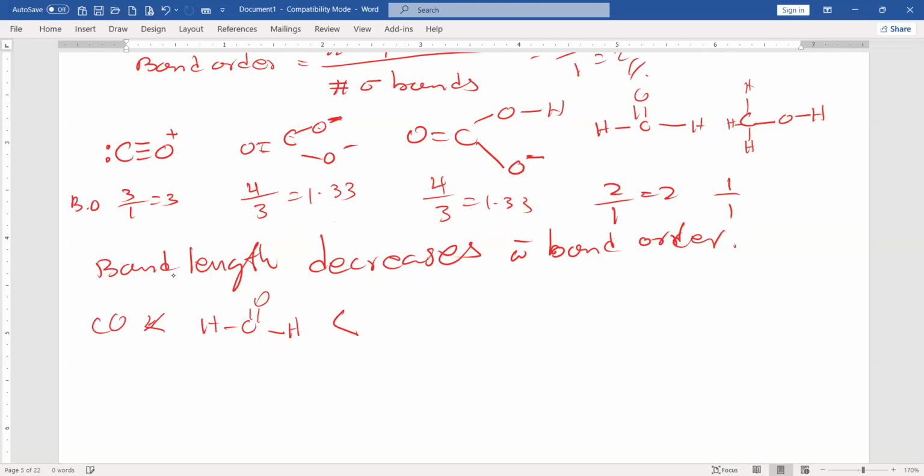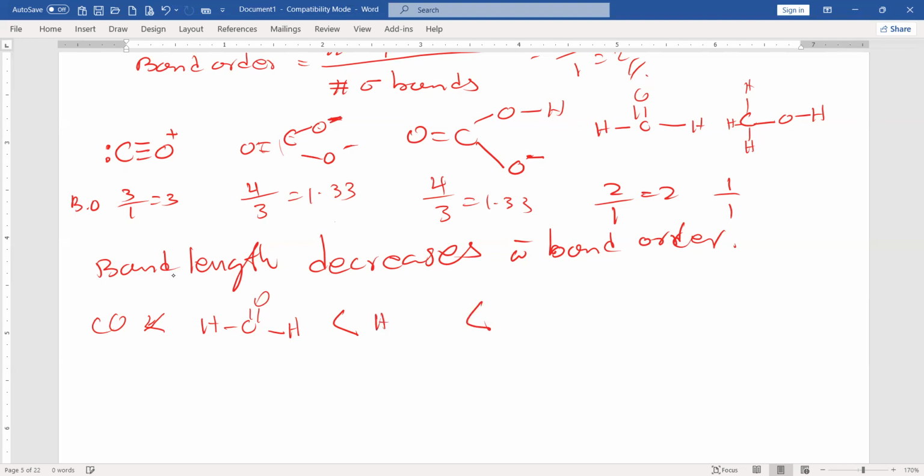Because of the high number of negative charges, the repulsion between the electrons around the carbon and this charge may be higher, therefore it will expand. Right? Therefore, this carbonate will have a bigger value than bicarbonate.